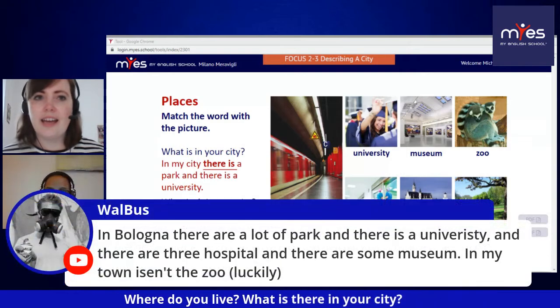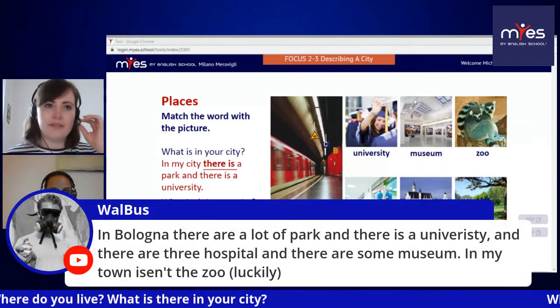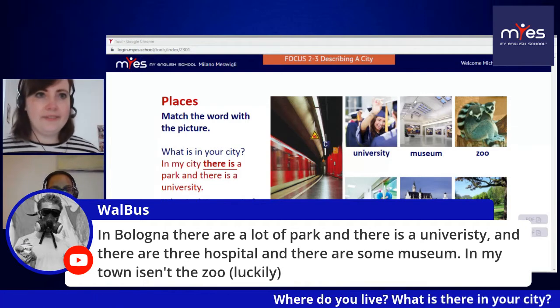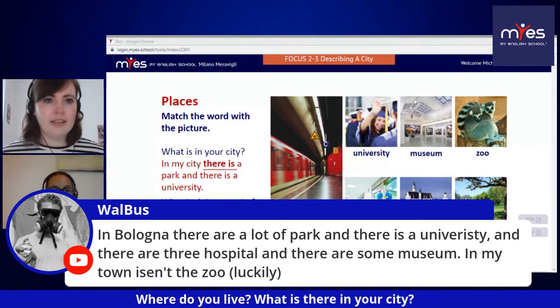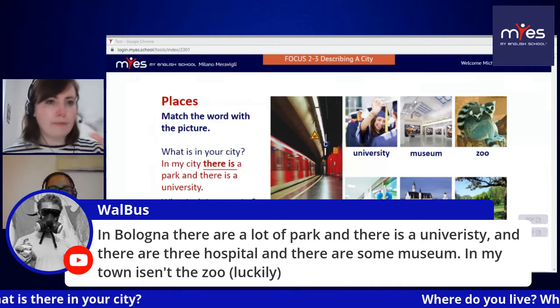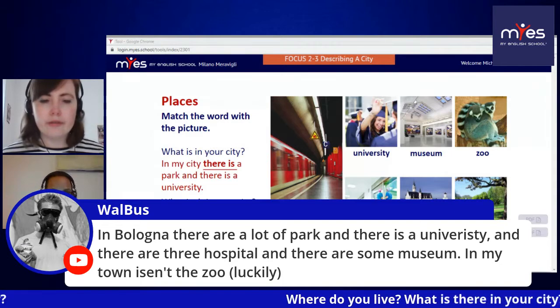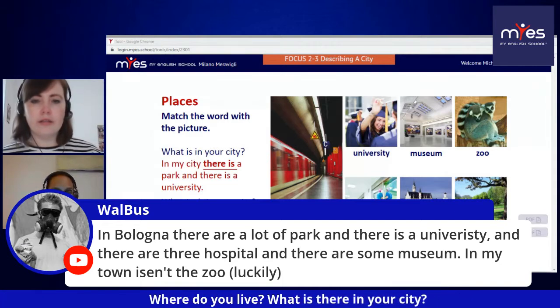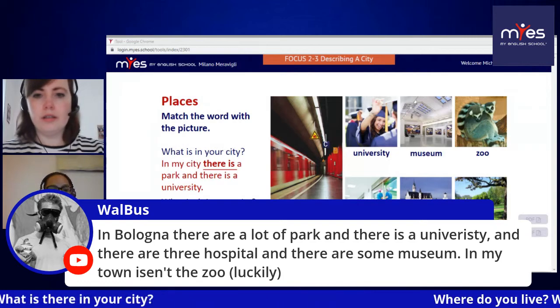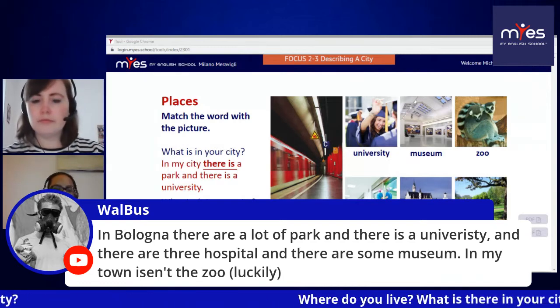Fantastic. And then we have an answer from Walter as well. Do you want to read this, Michelle? Sure. In Bologna, there are lots of parks. Don't forget that S. And there is a university. And there are 3 hospitals. Again, the S. And there are some museums.